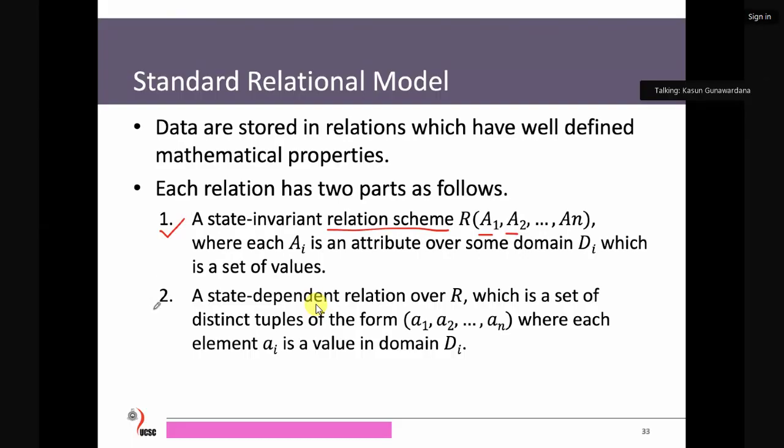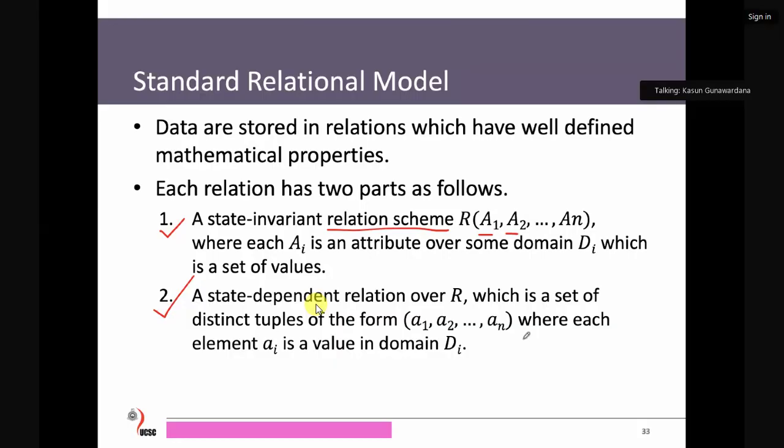Each relation has two parts. The first part is the relation scheme. The second part is a state dependent relation over R, which is a set of distinct tuples of the form A1 to An, where each element Ai is a value in domain D. The first one is the state invariant relation scheme: it doesn't matter what data is stored, its scheme is unchanged.